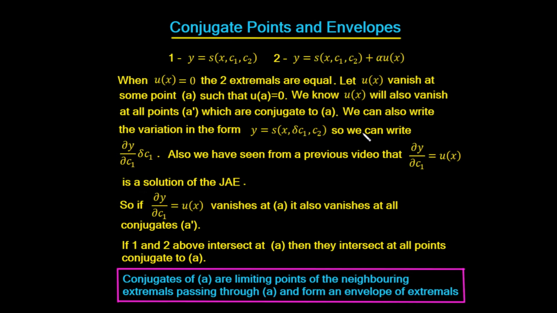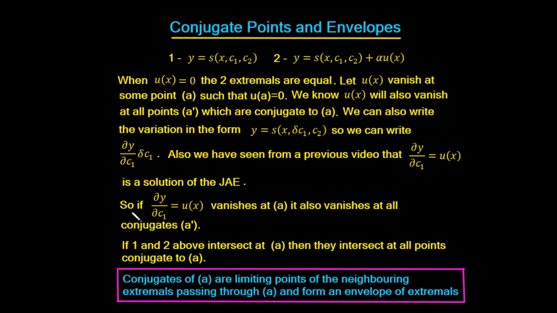So it means that we can write the value partial y by partial c1 times delta c1 would give you the total variation of our value of y, or the total change in the value of y. But we've already seen in a previous video that delta y upon delta c1 is going to be one of the solutions u of x of the Jacobi accessory equation.